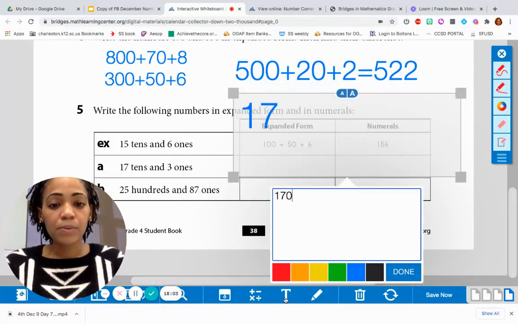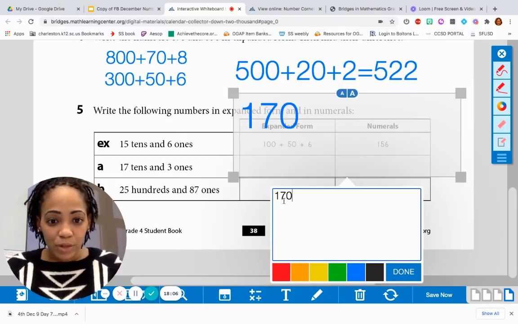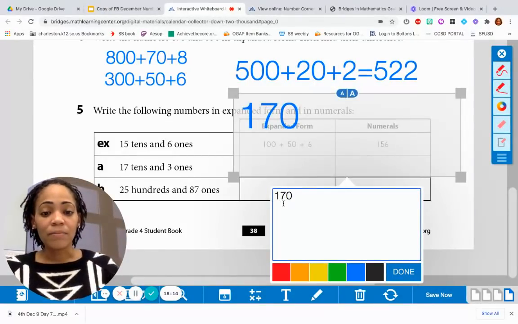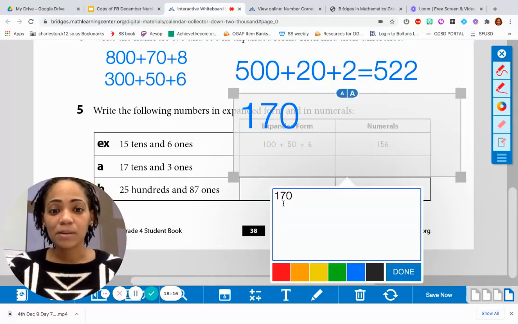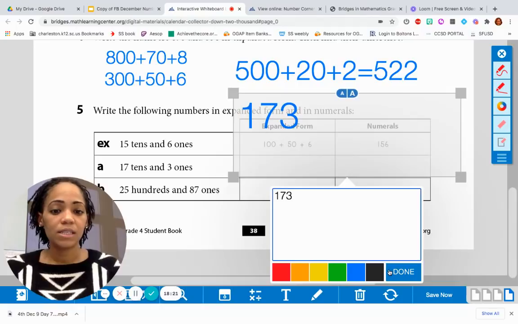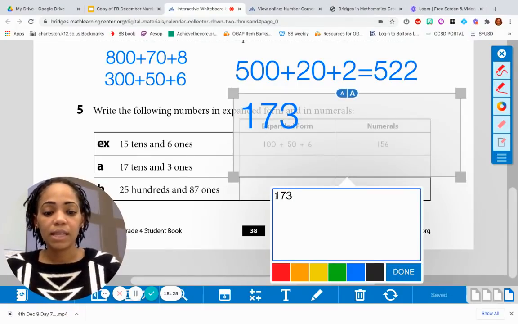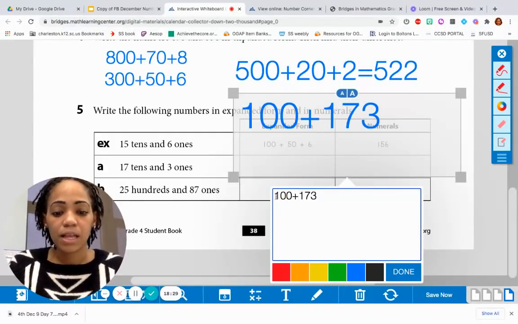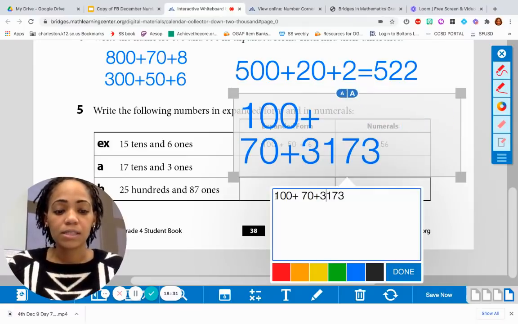And when I look at the number 170, and we know 7 is in the tens place, I actually can look at these two digits as if they are in the tens place, like 17 tens. Okay, that's another way to decompose the number. So 17 tens and 3 ones, easy. It is 173. But I also need to write the expanded form. So it is 100 plus 70 plus 3.